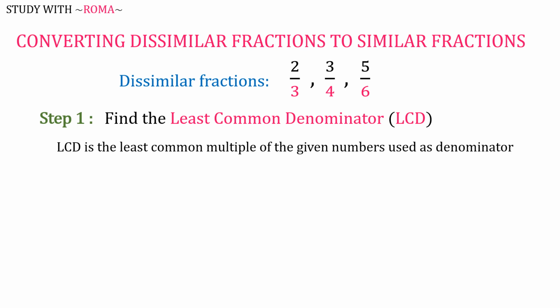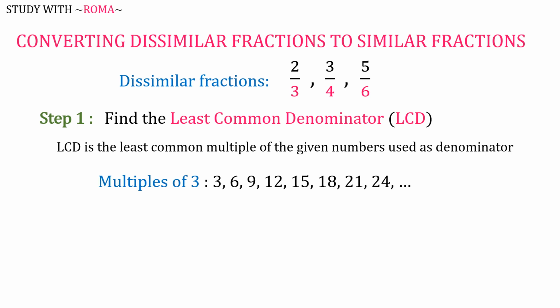Let us find the LCD or least common multiple of 3, 4, and 6 by listing their multiples. Multiples of 3 are 3, 6, 9, 12, 15, 18, 21, 24, and so on.